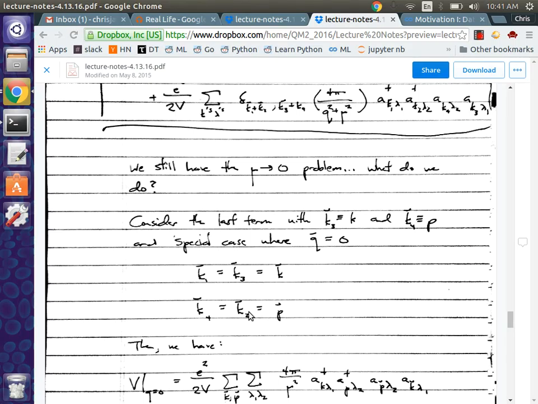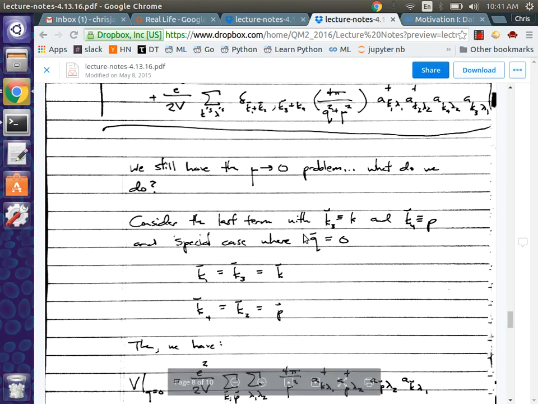If the momentum that this particle started out with here is the same as the momentum it ends up with, there's no interaction, right? There's no momentum transfer.